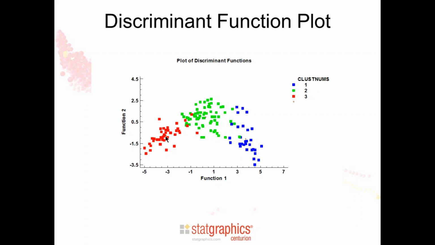This is the mean value for x and y of the red points. When I talked about the centroid with respect to each of the 10 variables in my cluster analysis, the centroid is a point in 10-dimensional space located at the mean of each of those 10 variables for all the points in a particular cluster. So just think of the centroid as being located at the point where all the variables are at their means.